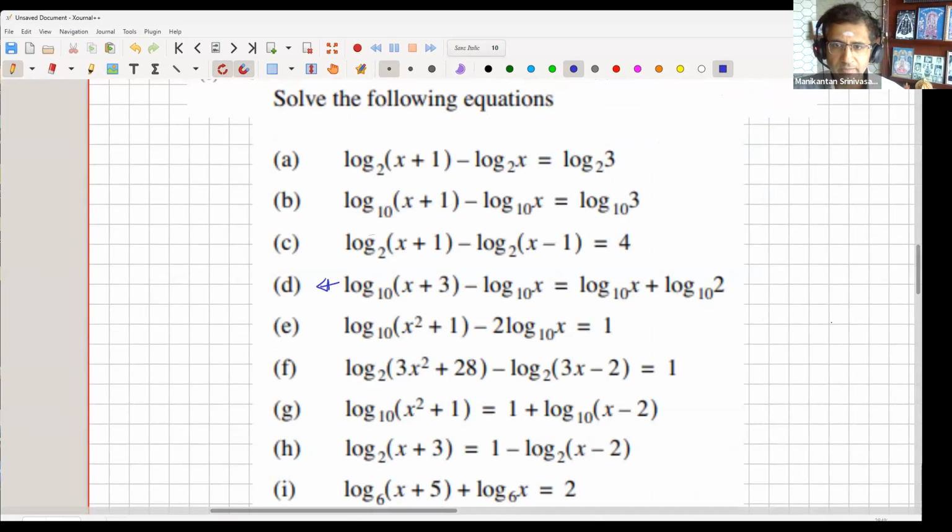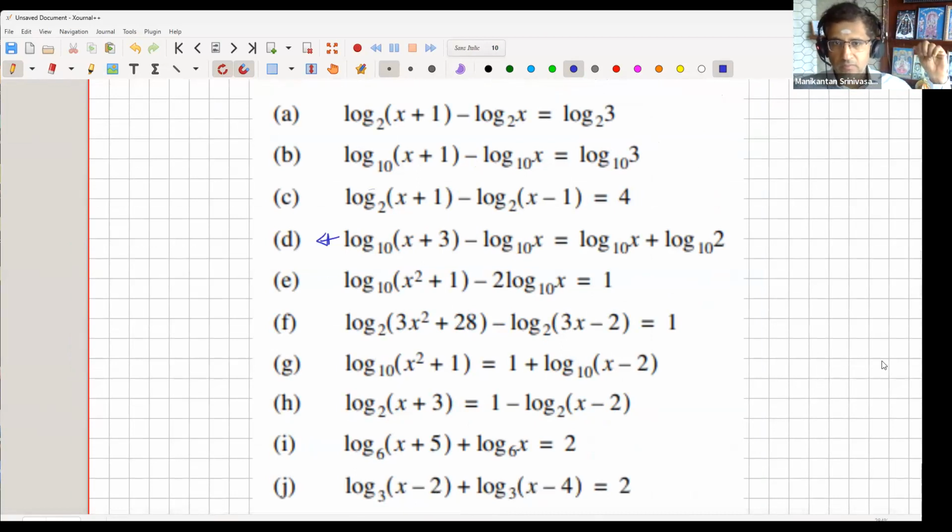Part D, question D. Solve for x. Okay, yeah, Moksh, go ahead. What's your answer? I got 1.5.